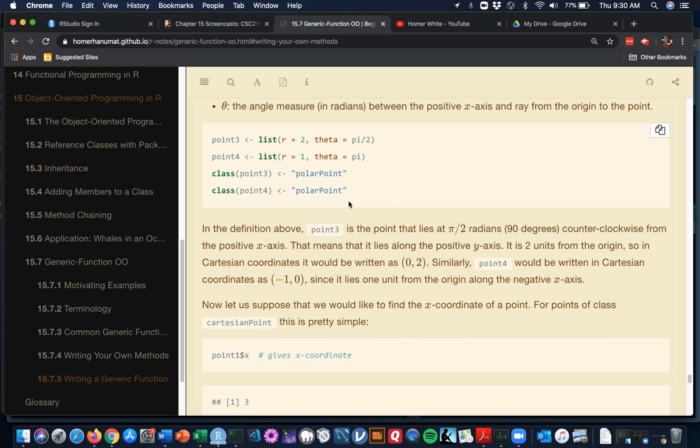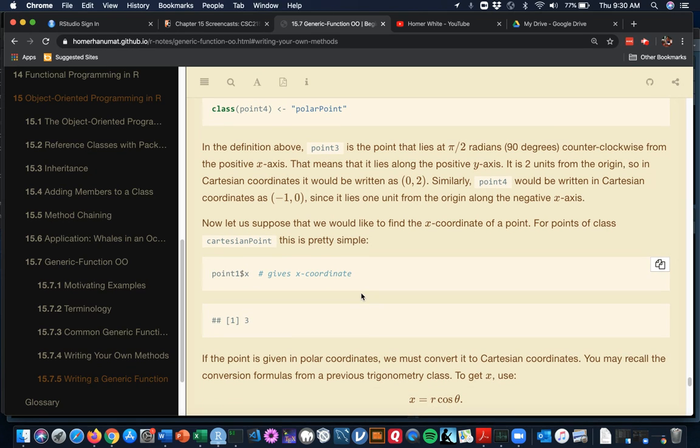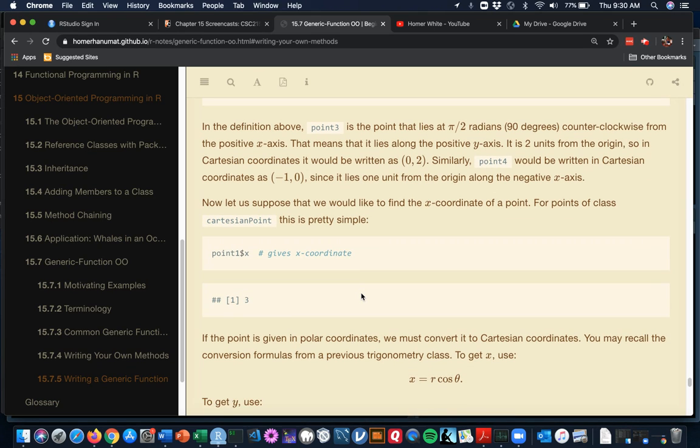Okay, so suppose we would like to find the x coordinate in Cartesian coordinates for a point. If your point is of class Cartesian point, then that's really simple. You just look into the list, you grab the element named x, and that gives you the x coordinate.